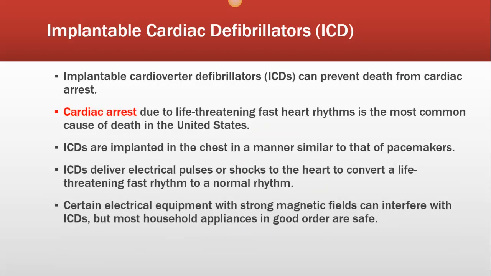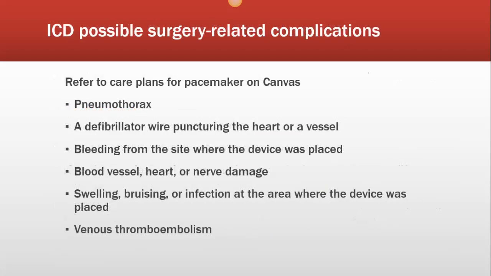They deliver electrical shocks to convert life-threatening fast rhythms to a normal rhythm. And similar to pacemakers, as you read over that care planning, they can be affected by strong magnetic fields, but if household equipment is grounded and operating normally, they should be fine and there shouldn't be any problems around it. So once again, please refer to the care plan for pacemakers on Canvas that I have.